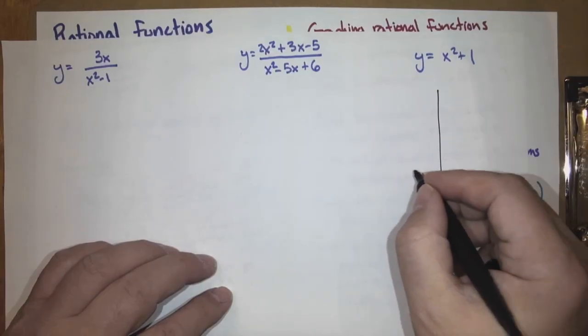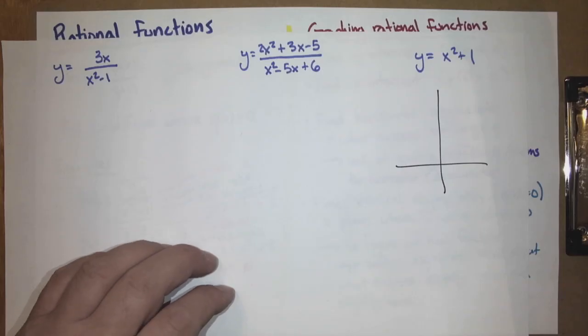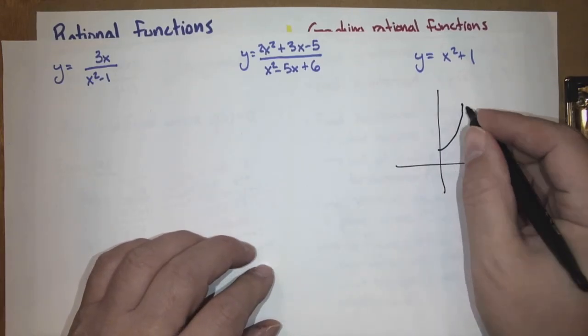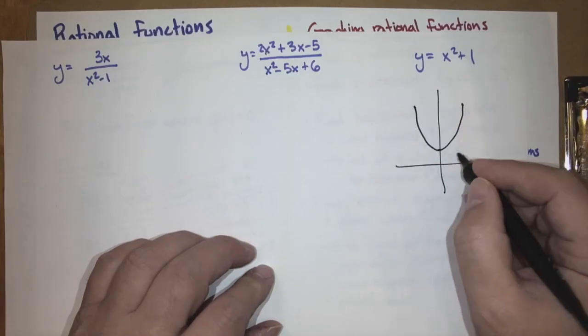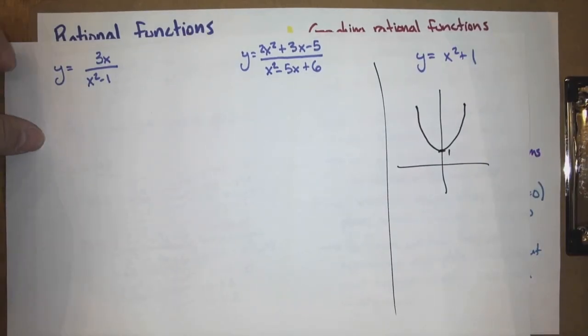Can anyone tell me what x squared plus 1 looks like? You hopefully have seen this before. All right, parabola. This is like our standard parabola, but we're going up, up, up. So this is x squared plus 1. That's not too interesting in some sense.